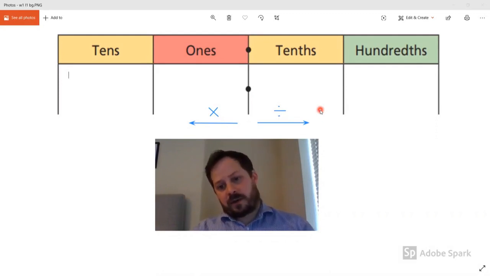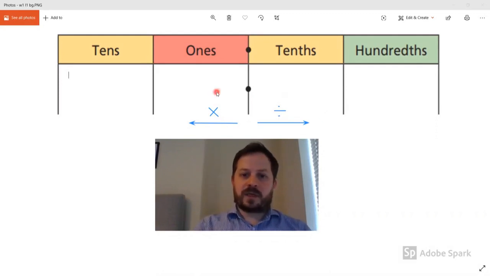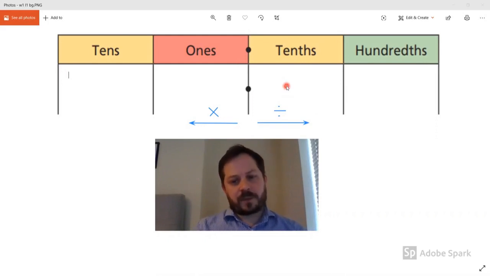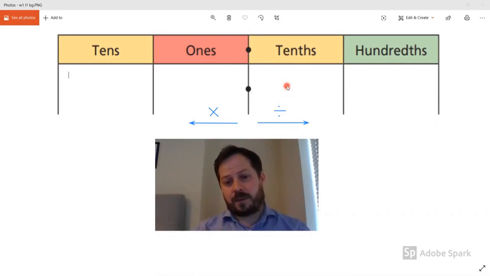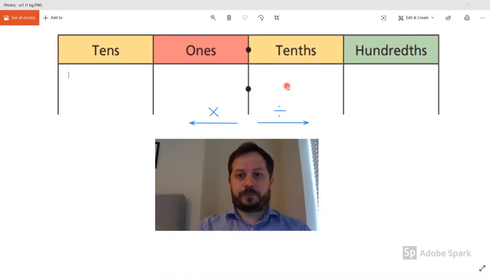We also worked out that because numbers, when we step one column, get either 10 times bigger or 10 times smaller, whenever we're timesing or dividing by 10, we make one step. So what we're going to look at today is how we can use that knowledge to help us when we're timesing and dividing by 100. So here's the trick.